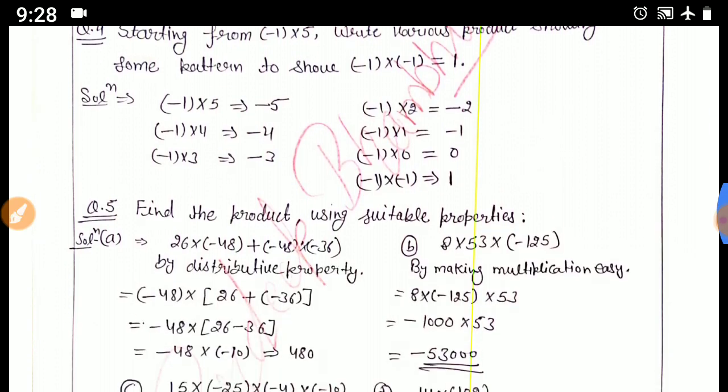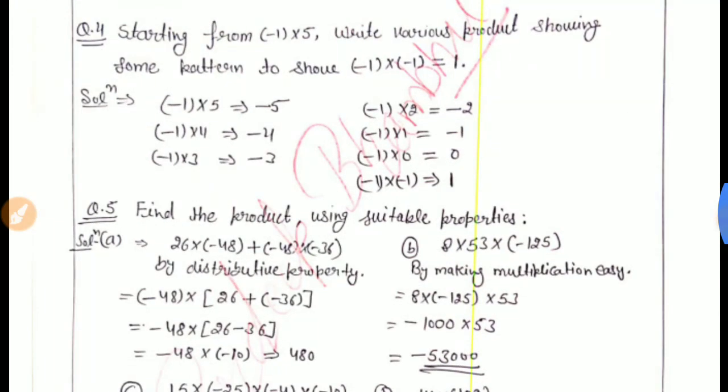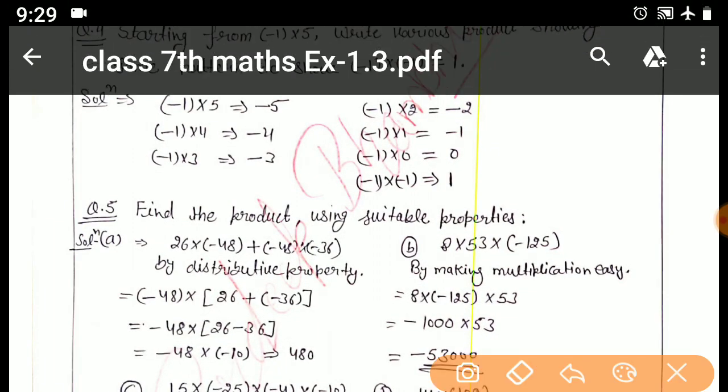And question number 5: find the product using suitable properties. Part A is 26 multiplied by minus 48 plus minus 48 multiplied by minus 36. It shows that it is a distributive property.